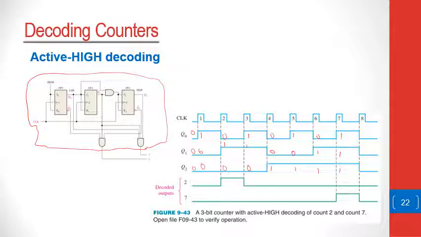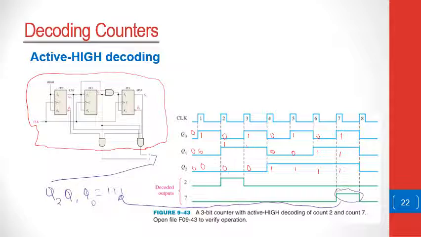So what tends to happen in this case is that, remember, the output 7 here is the AND gate of Q2, Q1, and Q0, which means the output 7 here is high when all of these three are high at the same time, which is why the output of Q7 will only be high at this instance.